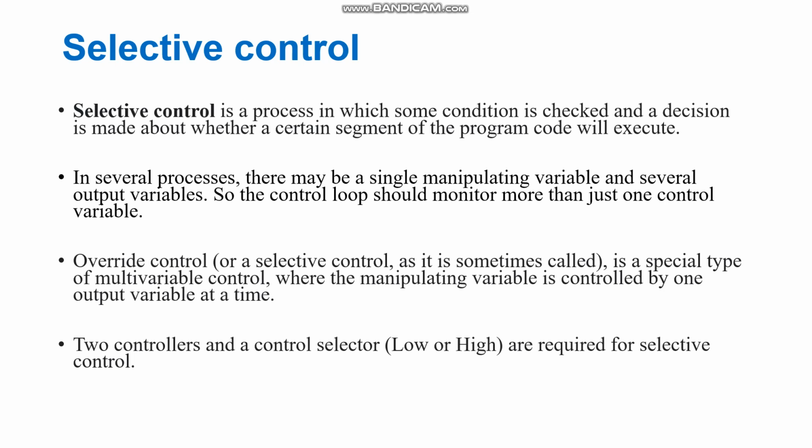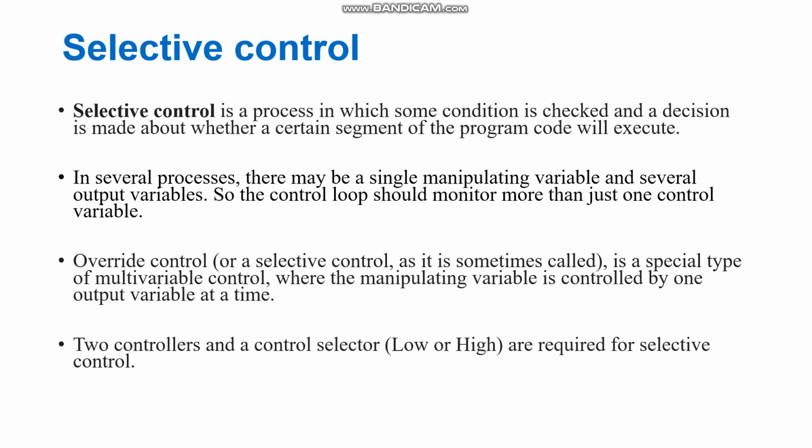So in that case, this selective controller is used. That means if there is one manipulated variable and several controlled output variables in the process, a selective controller is used.